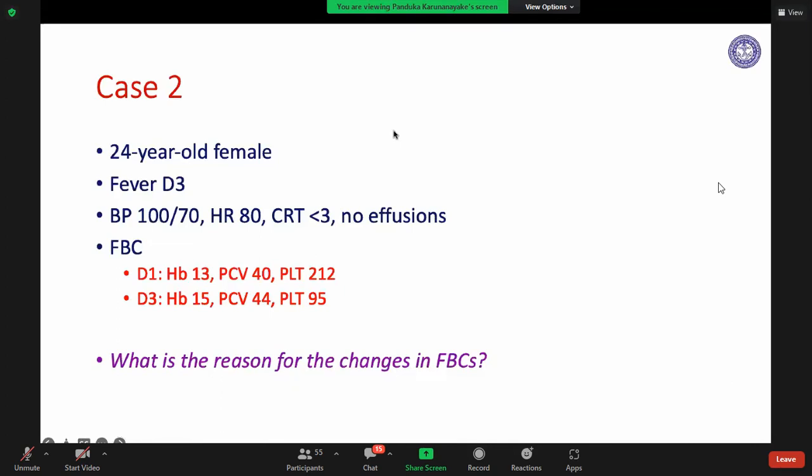Yes, hemoconcentration, but why hemoconcentration? What is the reason for that? If it is not leakage, why?